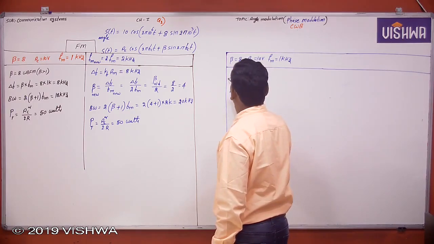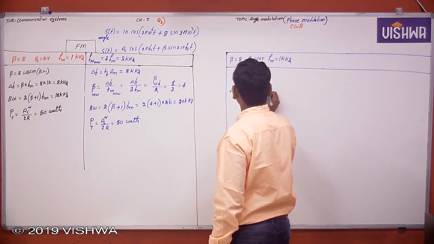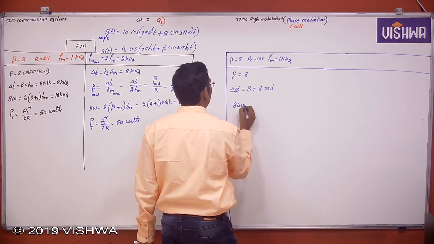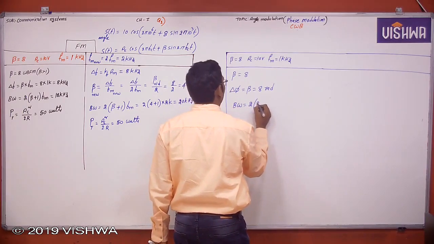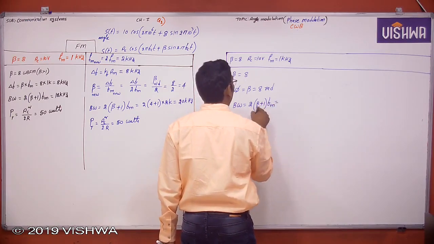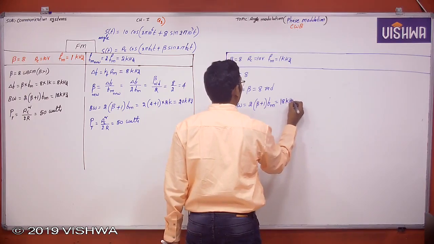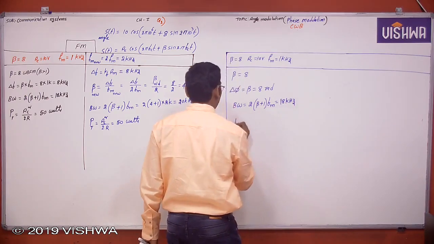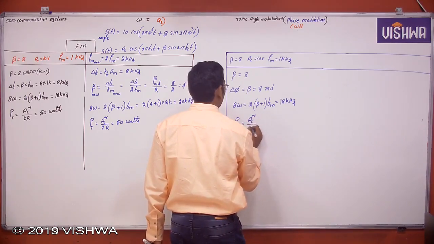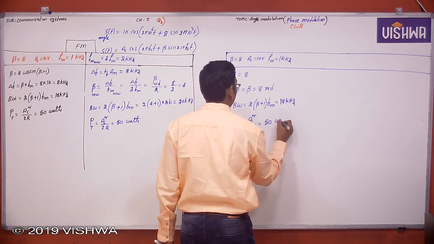In PM the phase deviation and modulation index are both the same, equal to 8 radians. Bandwidth is 2 into (beta plus 1) into fm, which is 9 into 2, 18 kilohertz, and the total power is Ac square by 2R, which is 50 watts.